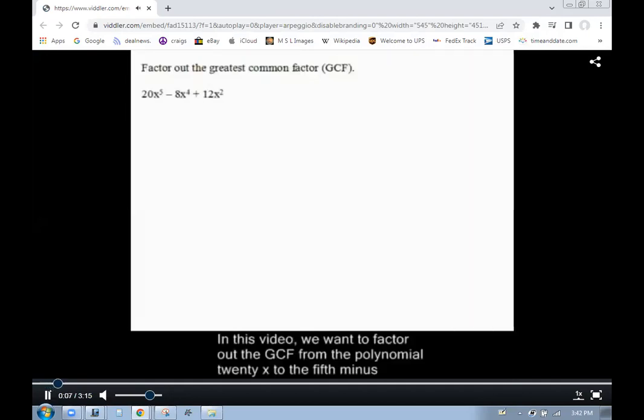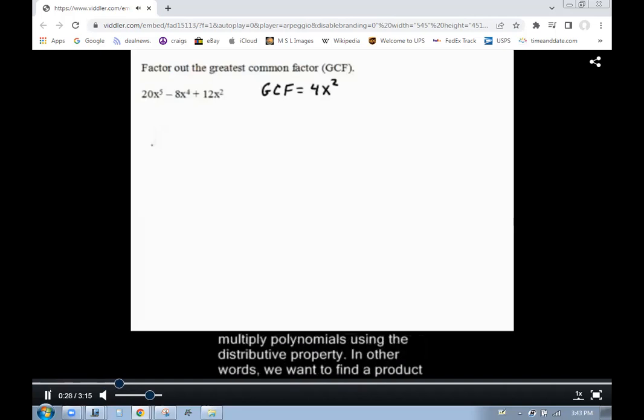In this video, we want to factor out the GCF of the polynomial 20x to the fifth minus 8x to the fourth plus 12x squared. Now, in a previous video, we determined the GCF to be 4x squared. Factoring out the GCF of a polynomial is reversing the process to multiply polynomials using the distributive property.